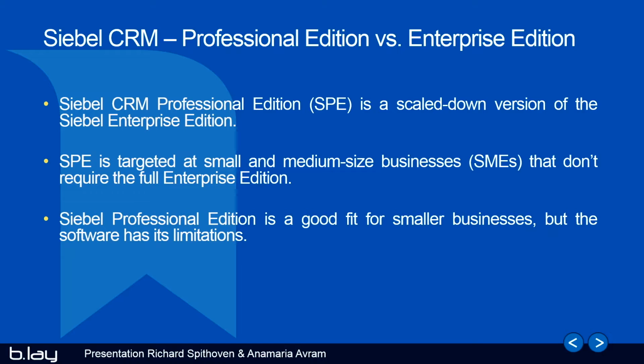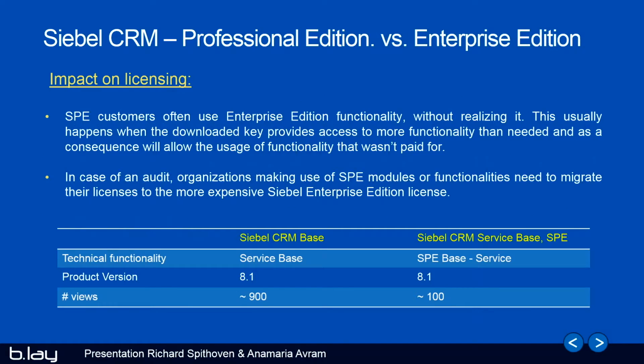How does it impact the licensing? Well, it's pretty simple. Professional Edition customers often use Enterprise Edition functionality without realizing it. This usually happens when the downloaded key provides access to more functionality than needed, and as a consequence allows the usage of functionality that wasn't paid for.